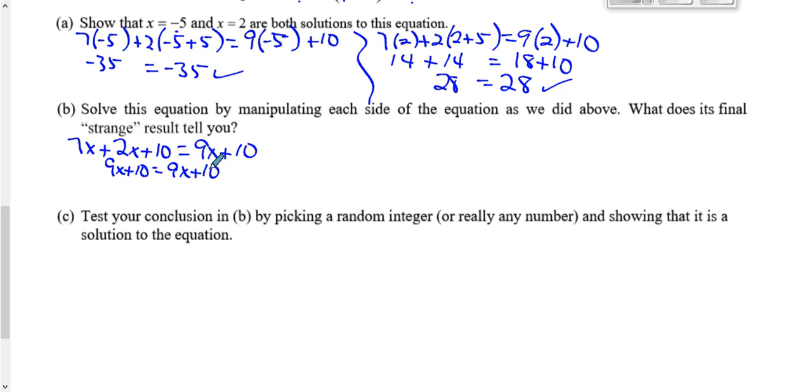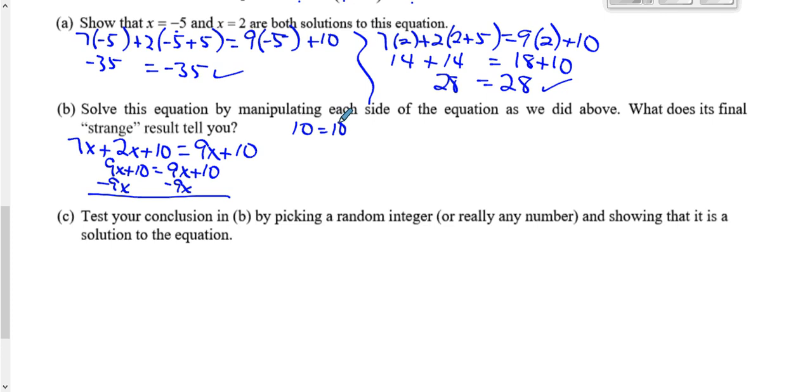Well, let's go through. Let's get all the 9x's, so subtract 9x here. What's that leave us with? 10 equals 10. The variable's gone. How often does 10 equal 10? Does 10 always equal 10? It does. So what would you say about the solutions for this particular equation?